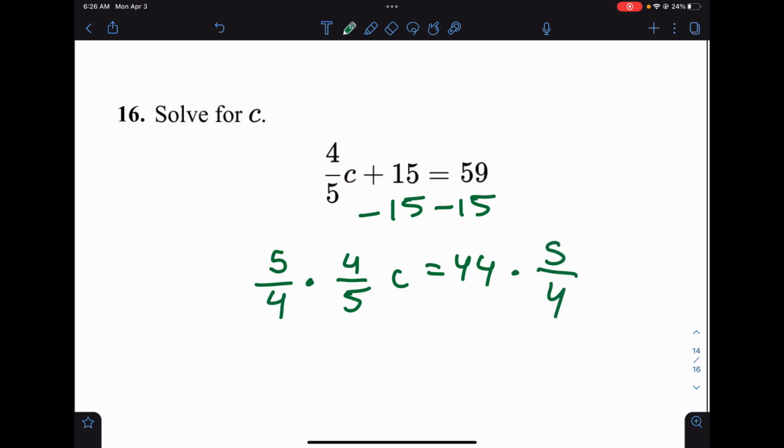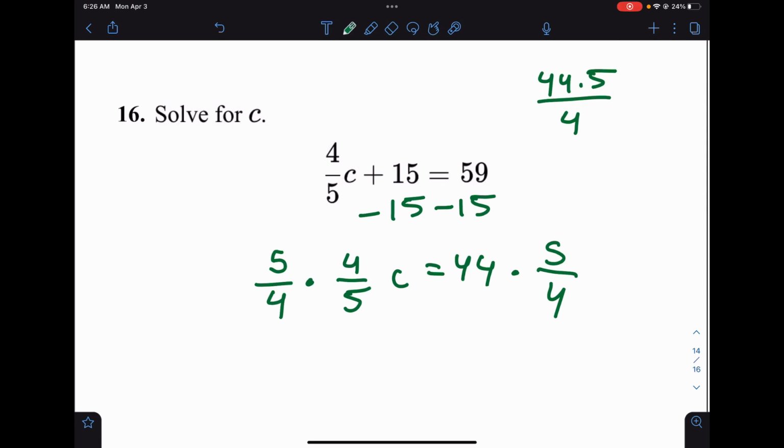Now, if you were to just multiply 44 times 5 and then 4 times 1, the problem becomes a little bit more tricky. What I would recommend doing here is simplifying before you multiply. Essentially what we have is 44 times 5 all over 4.